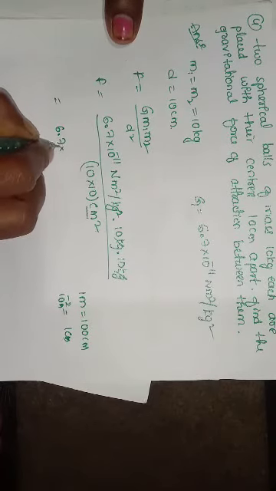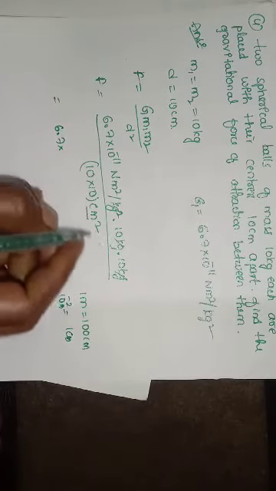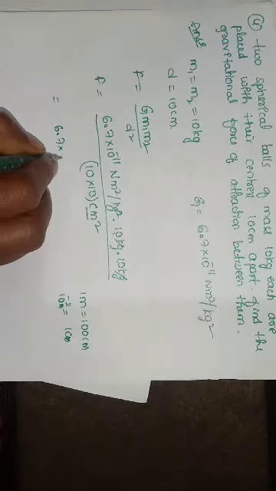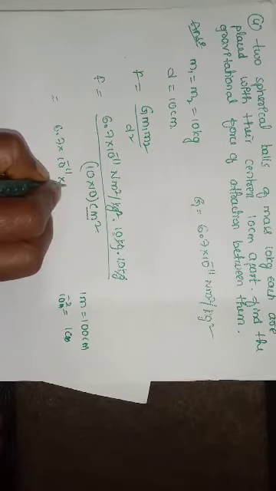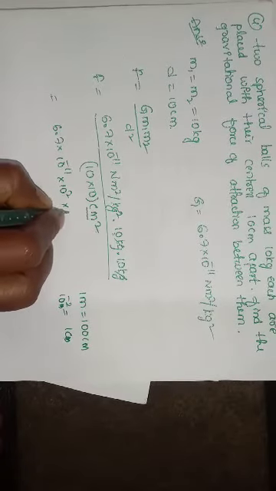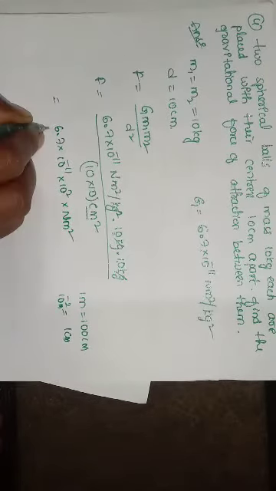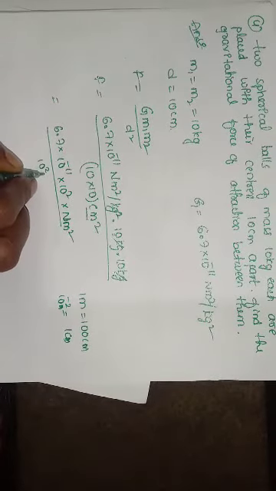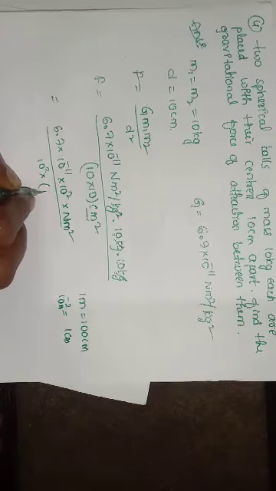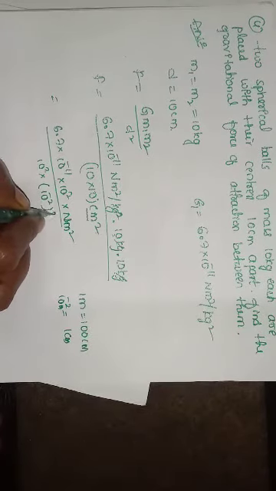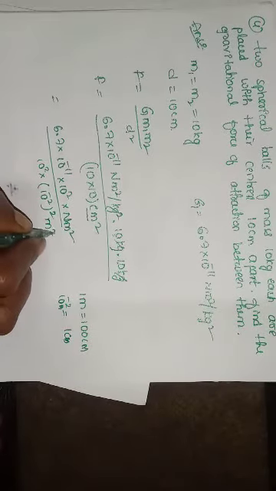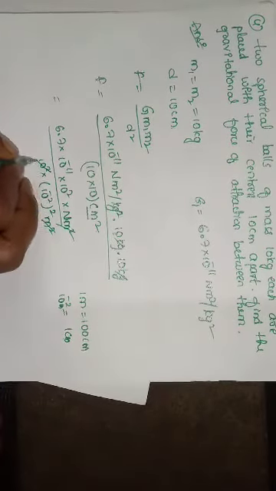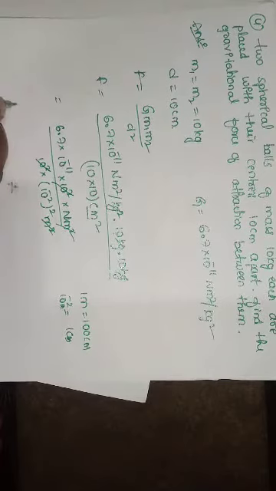6.7 into 10 to the power of minus 11 into 10 square, we can write, into Newton meter square by 10 square into 10 to the power of minus 2 whole square meter square, meter square cancelled. So what is the left here? 10 power 2, 10 power 2 cancel, this brings upside.